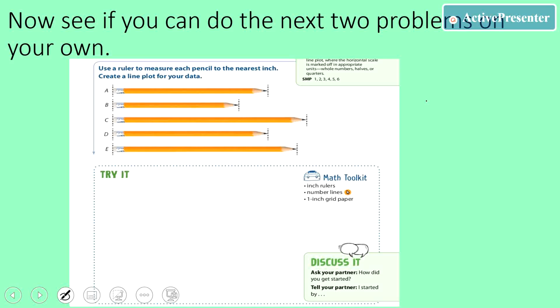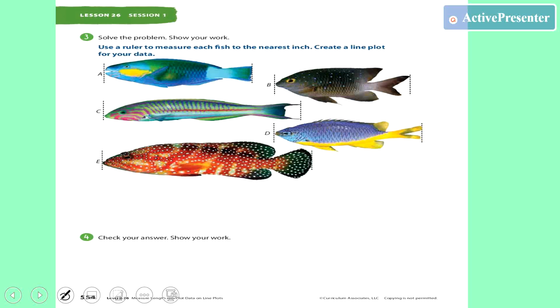You can always leave me a comment on the answer that you get, or take a picture of your line plot and post it underneath. And then let's see if you can solve this one with the fish. Measure your fish and create a line plot from your data. Pause it and find the answer.